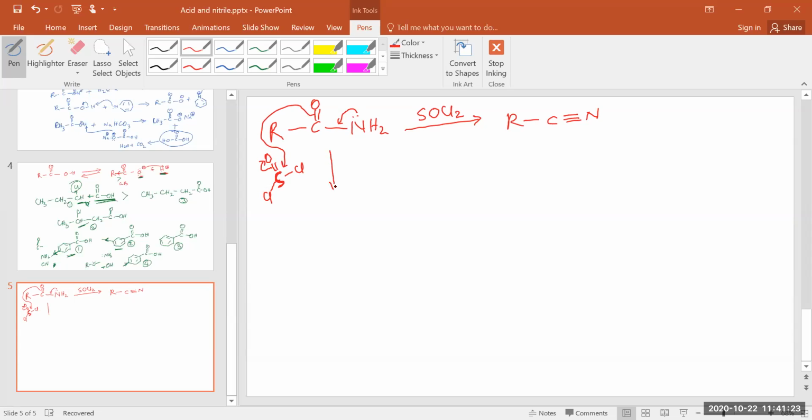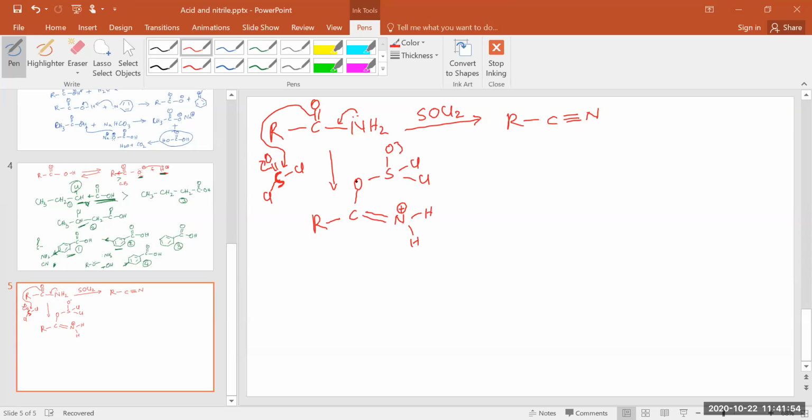So what will be the product? The product will be RO attached with sulfur, and sulfur will have O minus and it will have 2 Cls. Can write the intermediate like this. And the nitrogen, this carbon nitrogen will have a double bond and nitrogen plus. Okay, let's say this one.